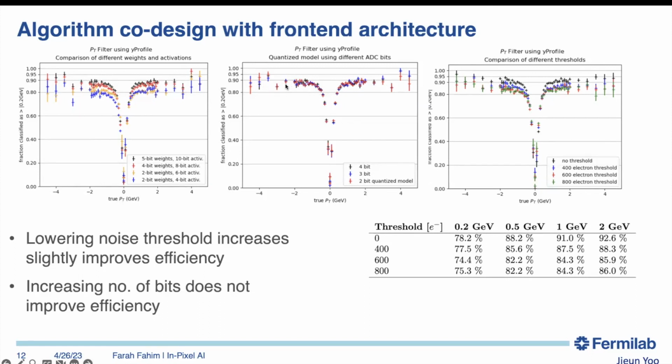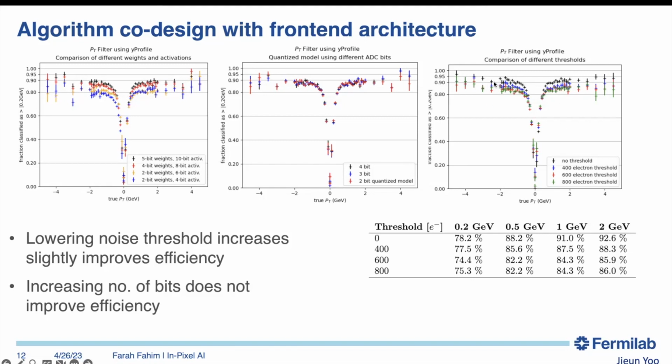We also changed the threshold for the minimum detectable particle, which of course is set by the noise and the power in your front end. This is just a case scenario to show what happens when you have no threshold. The black curve is where you have no threshold. The 400 electron threshold is the blue curve.